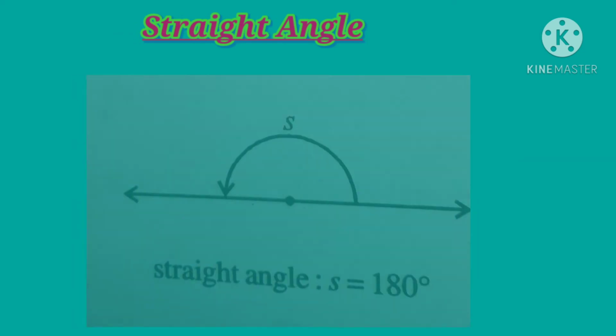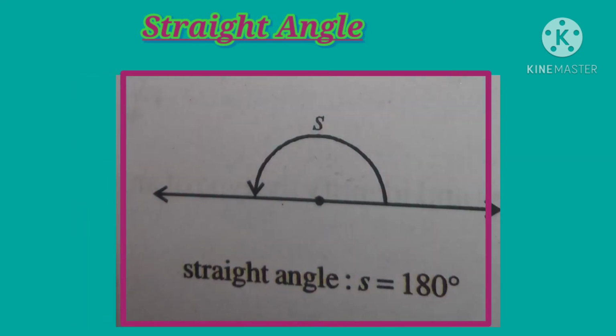Students, the next one is straight angle. Here on the screen you can observe a straight angle. Straight angle means this value equals 180 degrees. Here the angle S equals 180 degrees.